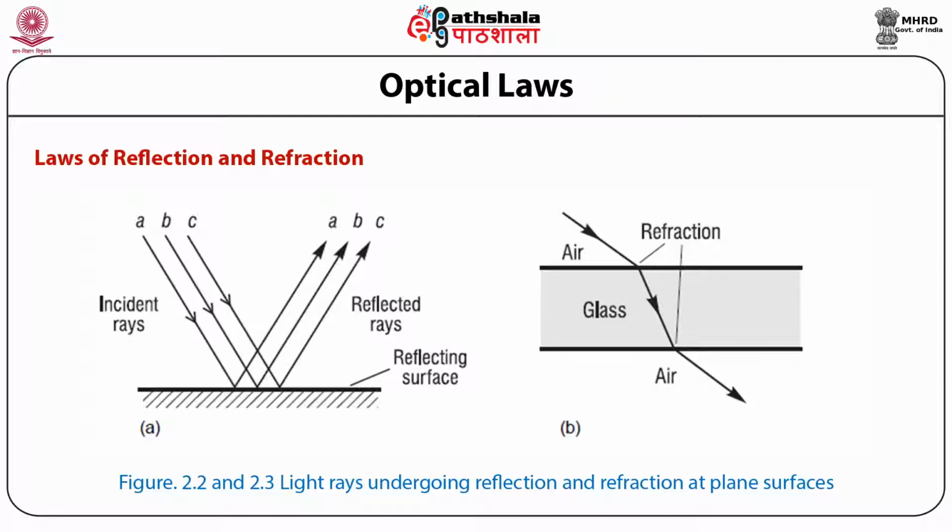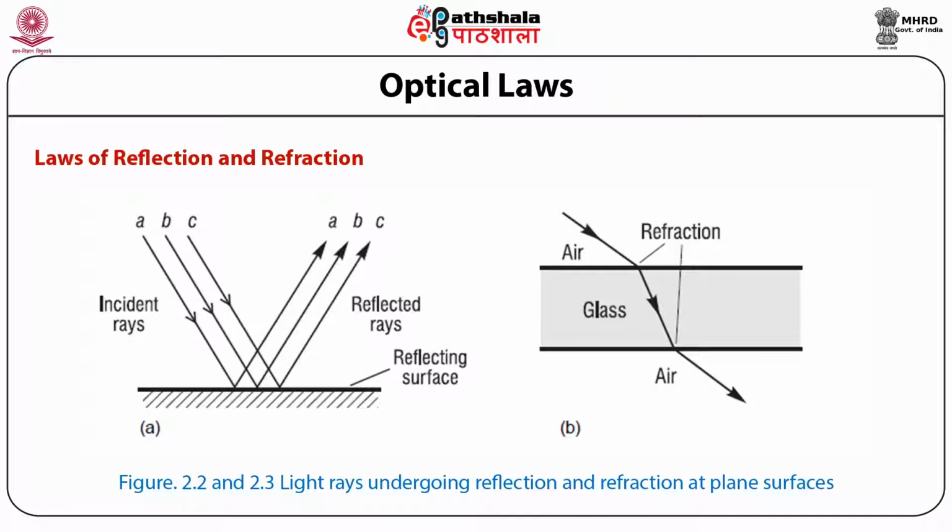At each instant, light is pictured simply in terms of straight lines, which we refer to as light rays. So while going through these two figures, we can see how the rays of light go for a reflection and a refraction at plane surfaces.